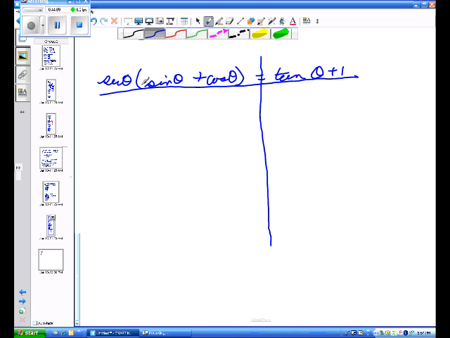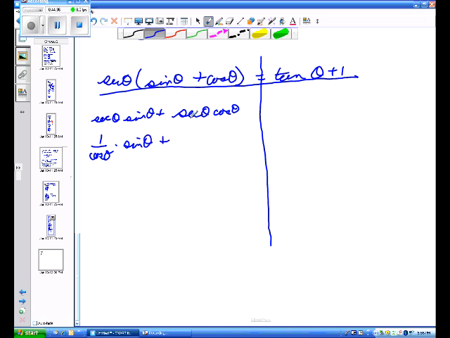Now what we have here is a multiplication problem. So we can use our distributive property, and we could have secant theta times sine theta plus secant theta times cosine theta. Well, it's a little bit hard to work with this, so let's write secant as 1 over cosine times sine.